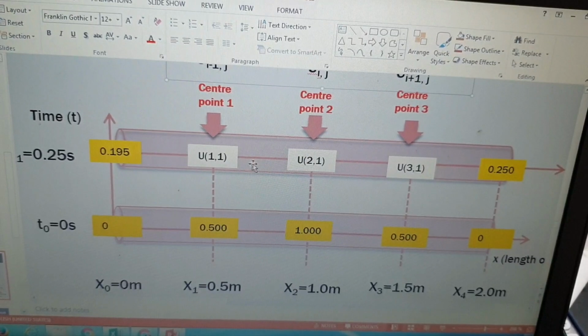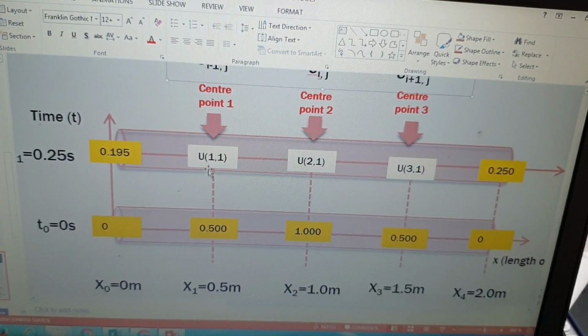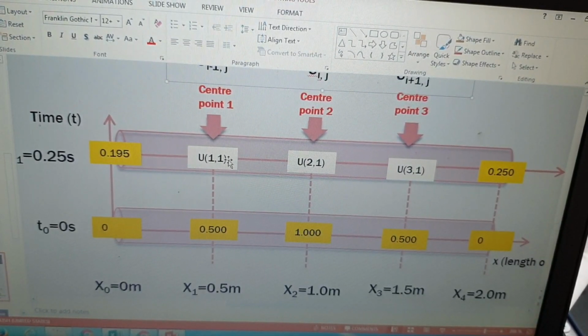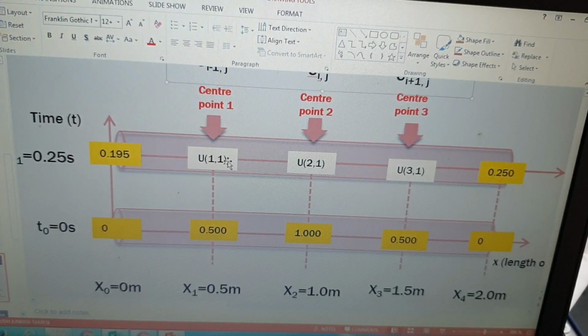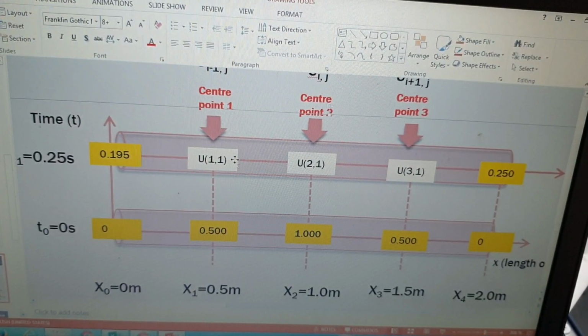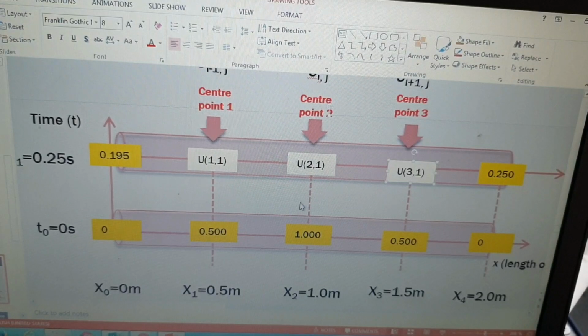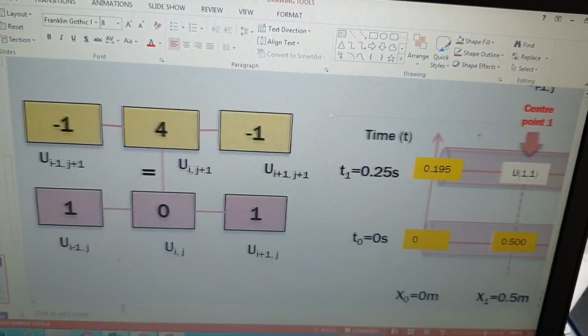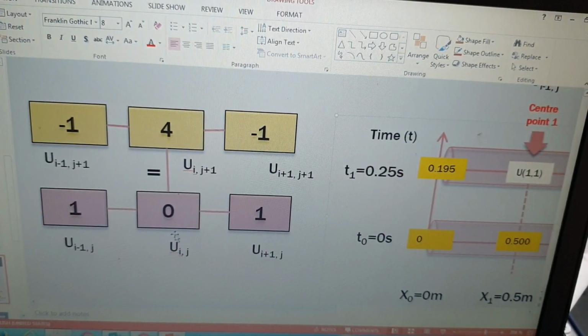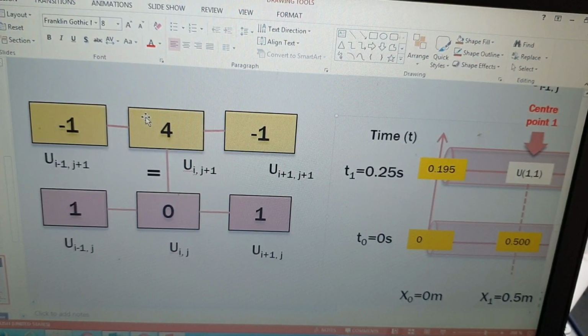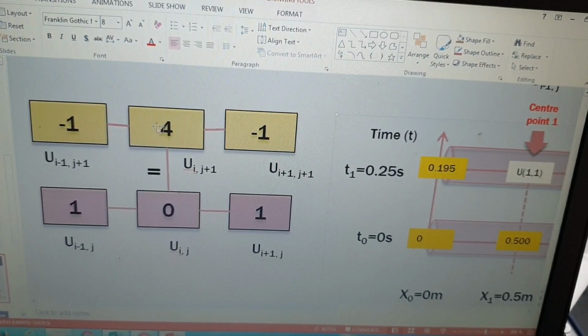From this diagram, we know that you only have 3 points that you don't have the value for, the white boxes over here. This is the first position, this one is the second position, and this is the third position. So how you are going to do the approximation is by using your molecule formula, which you created from the simplified Crank-Nicolson formula.